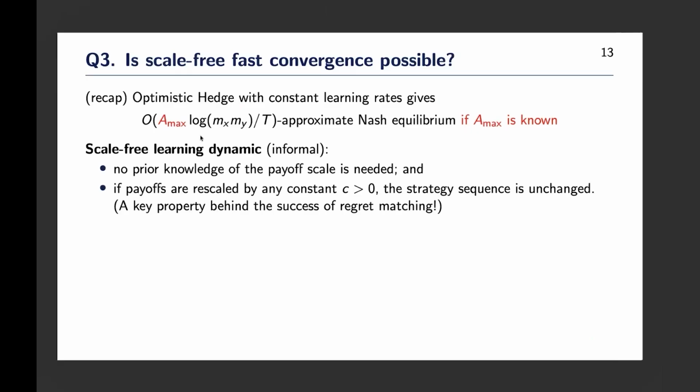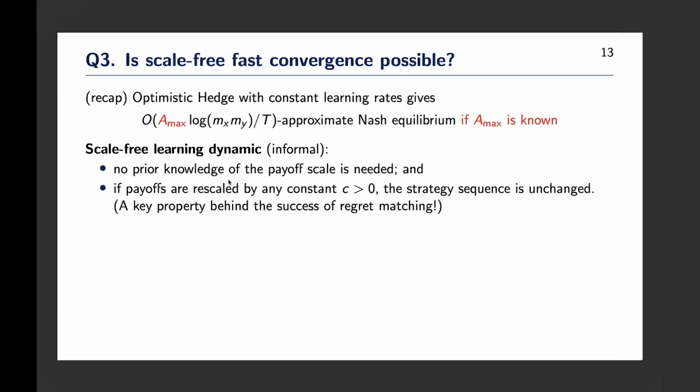To investigate this, we introduce a notion of scale-free learning dynamics, which is quite similar to scale-free online learning, which informally requires no knowledge of the payoff scale before the game starts. And also, if payoffs are scaled by any positive constant, the strategy sequence is unchanged.